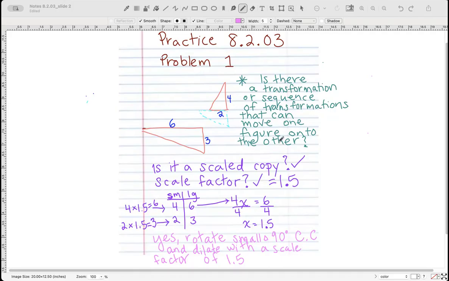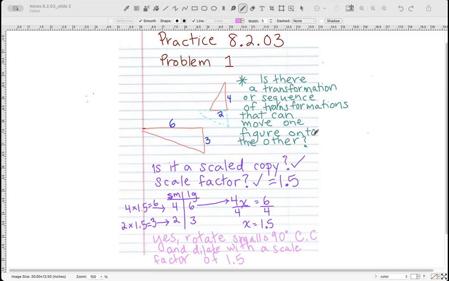Okay, and that's basically what the rest of these problems in this lesson are: if you can say that it is a scaled copy, then you can do a certain number of transformations to get them to match. And if it's not a scaled copy, then they're never going to match up. No matter what you do, they're just not going to match up.